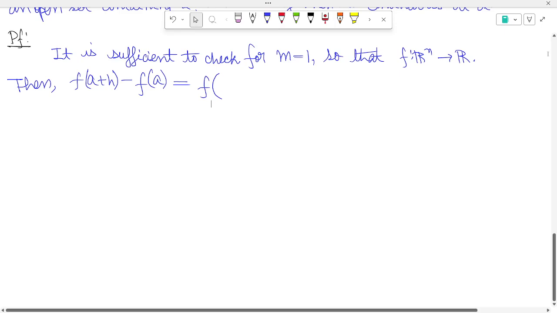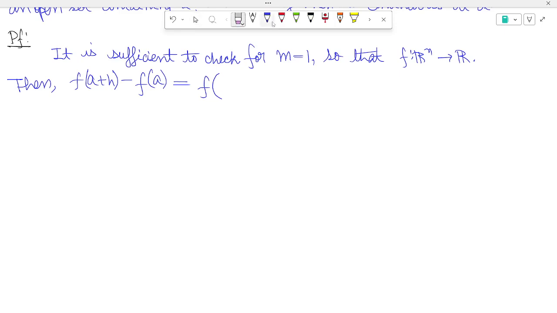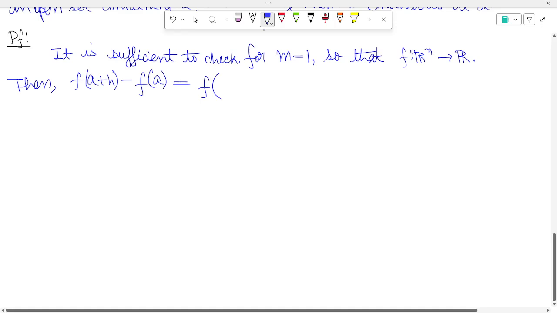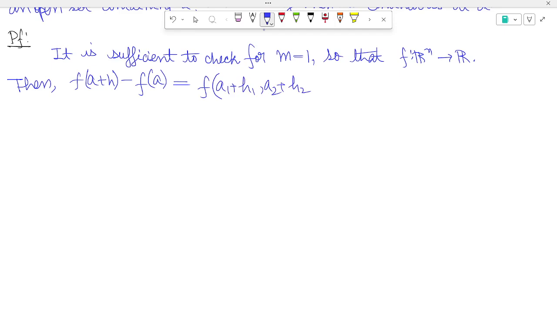So the thing is that what is a1 h1? It is f of a1 plus h1, a2 plus h2, dot dot dot, an plus hn minus f of a1 dot dot dot an.